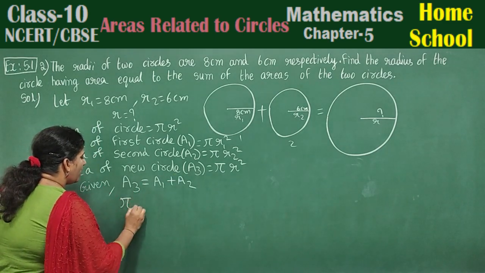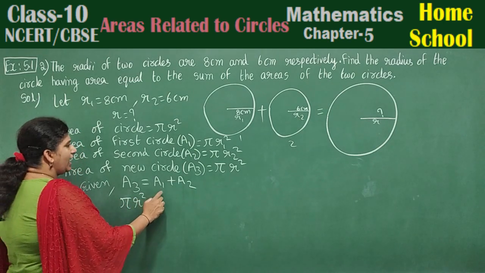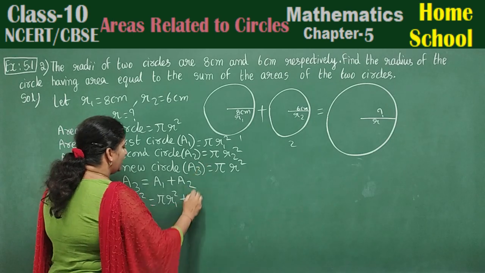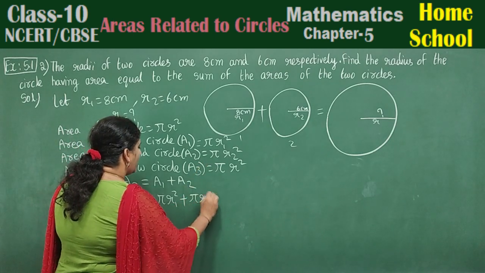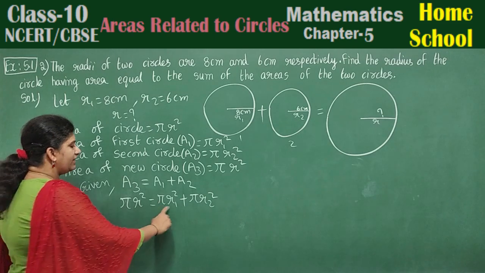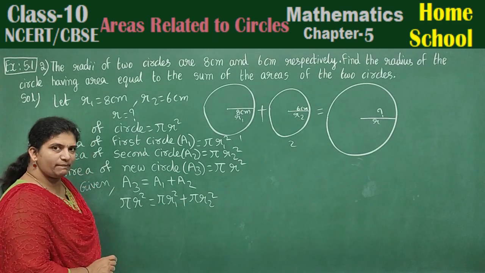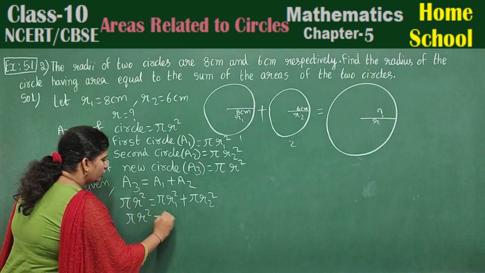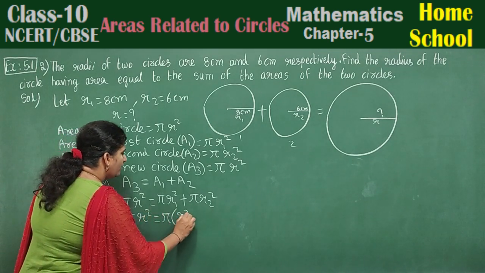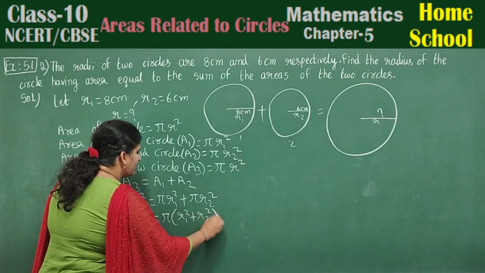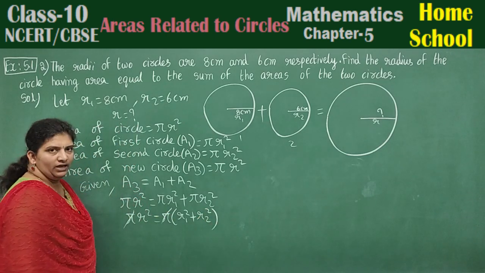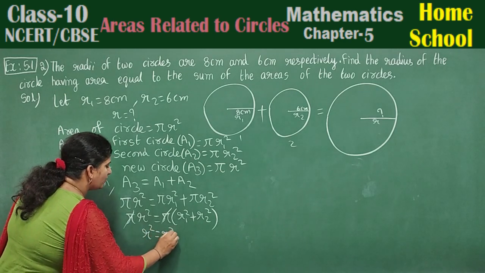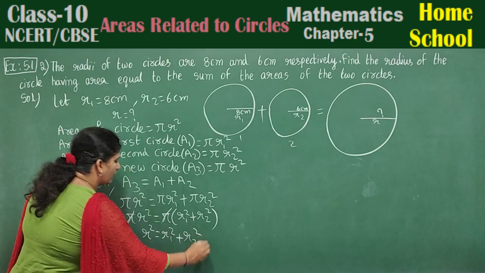A3 is pi R square, A1 is pi R1 square, A2 is pi R2 square. In these, is anything common? Yes, pi is common. Take it out. Pi R square is equal to pi into R1 square plus R2 square. Pi cancels. R square is equal to R1 square plus R2 square.